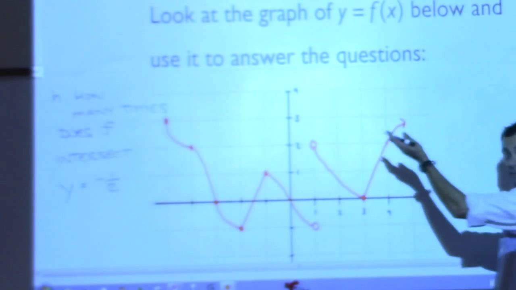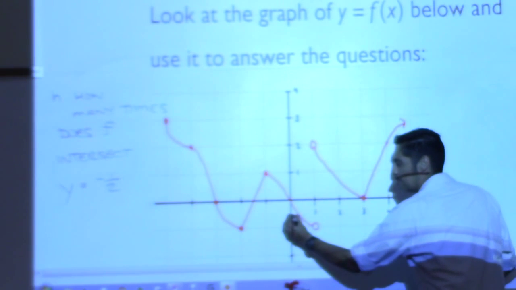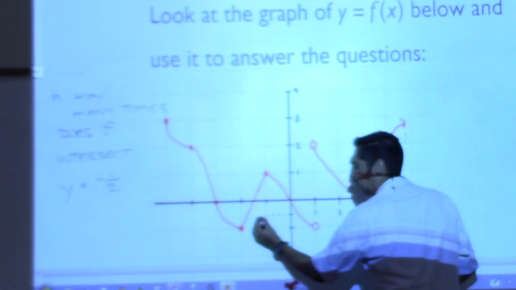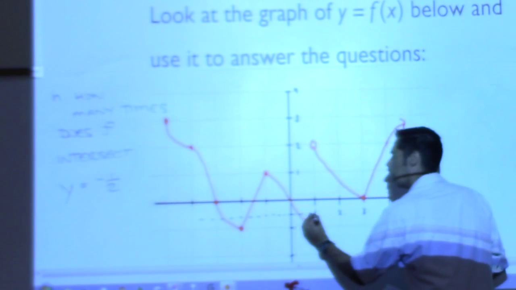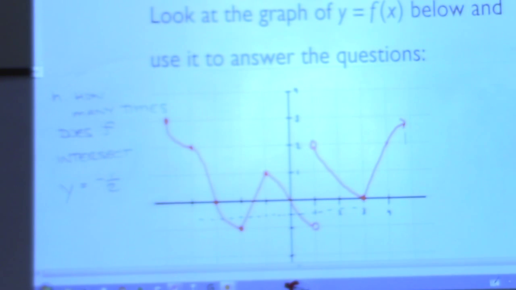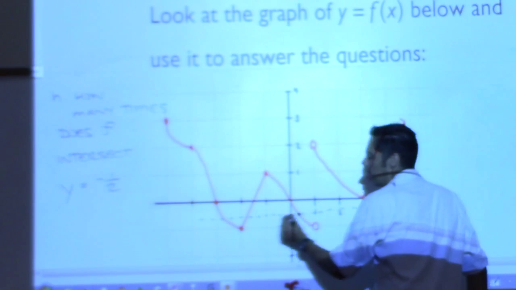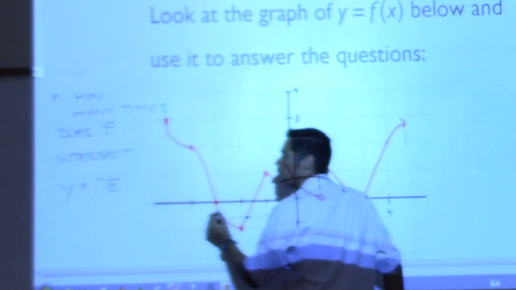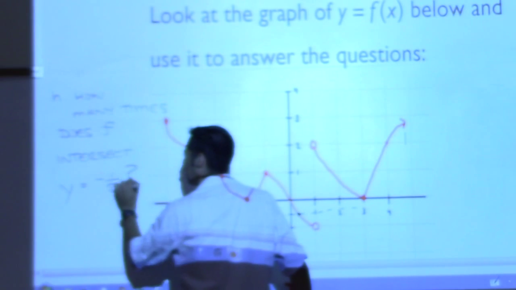So you look at the y value of -1/2, which is right here, right? Imagine a line going like this. How many times does your function hit that line? 3 times. It's not asking where, right? It just says how many times. So the answer would be 3.